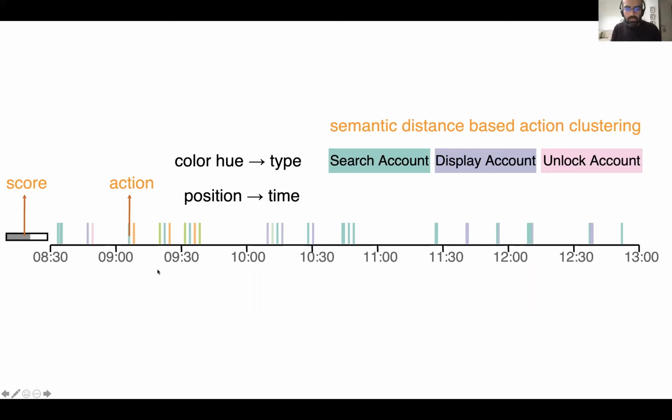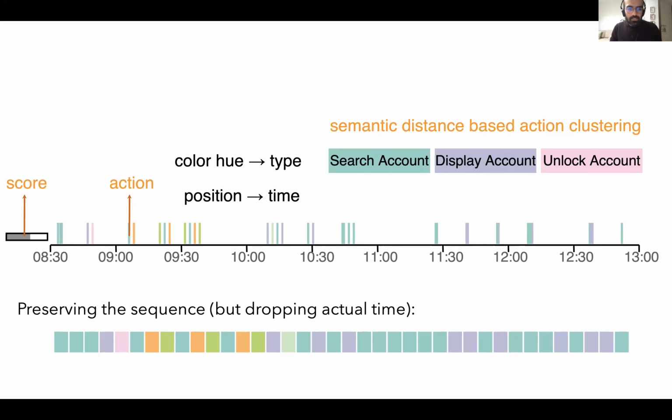These are colored by the action, and we did some semantic distance-based clustering to reduce the 400 types of actions into a smaller set. So each color represents a different kind of action, represented as ticks over time. And then we have the score that's coming from the algorithm that the application partners have.